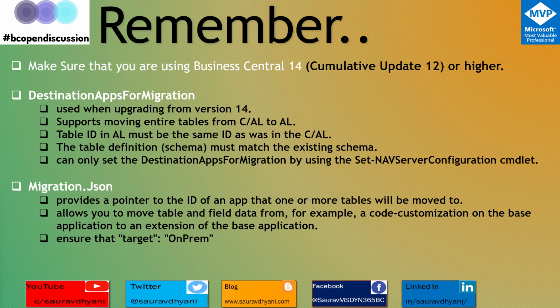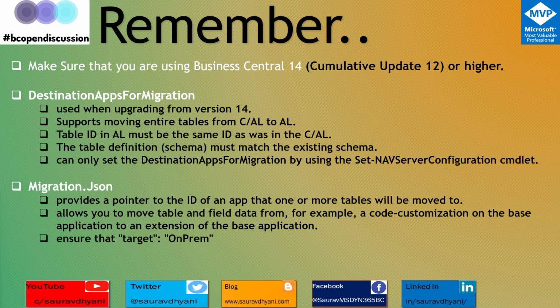There are some rules. The table ID in AL must be the same as in CAL. It is not listed in the documentation, but the table name must also be the same as in CAL. You cannot have a different name in CAL and a different name in AL.